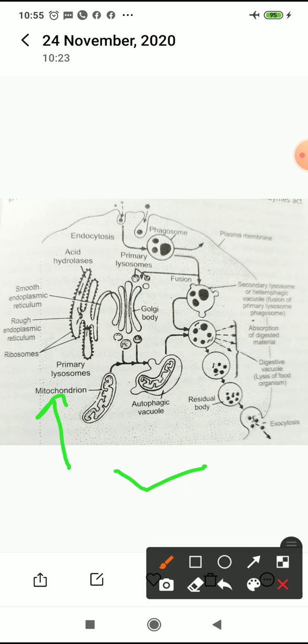Residual bodies. After digestion, the end products pass through the lysosomal membrane and are incorporated into the cell. Undigested material is left, or if digestion is incomplete, the secondary lysosomes formed are called residual bodies.